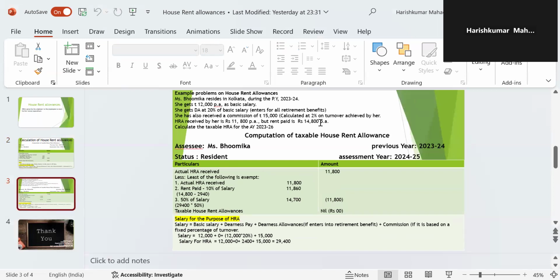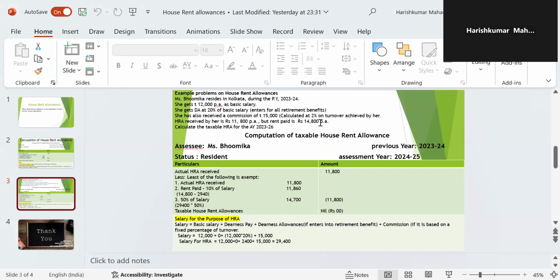Now I'm going to explain how to calculate taxable HRA with one example problem. Check this problem. Ms. Bhumika resides in Kolkata during the previous year 2023-24. She gets 12,000 per annum as basic salary. She gets DA at 20% of basic salary, which enters into all retirement benefits. That is nothing but dearness allowance, which is 20% of basic pay, and it counts for retirement benefits.